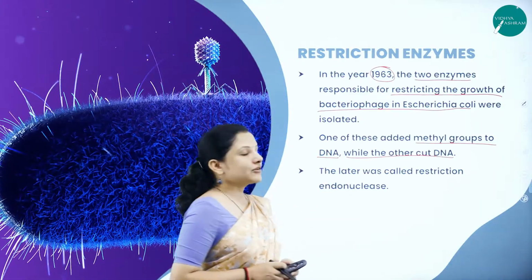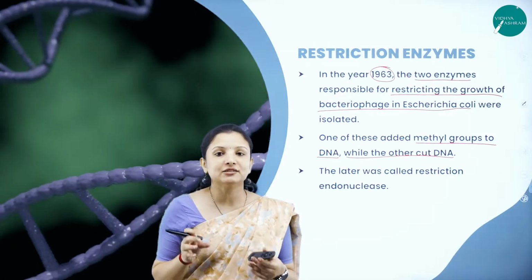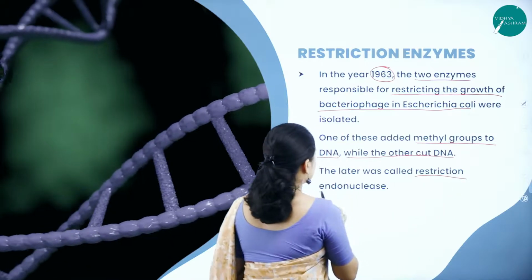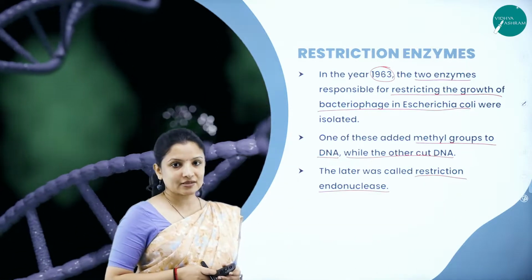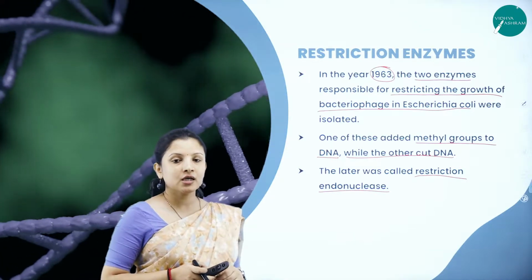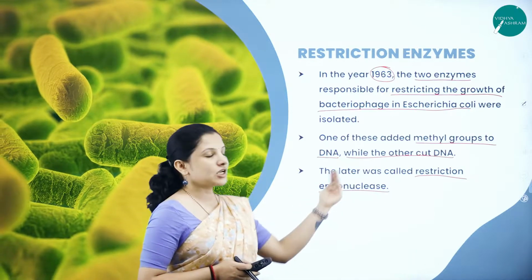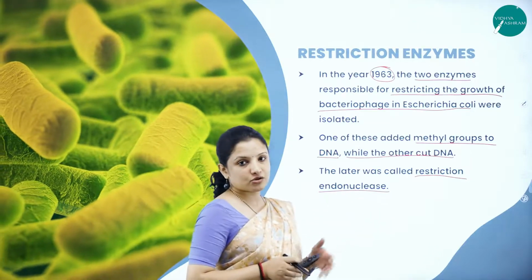And later that restriction enzyme, which was capable of cutting the DNA strands into smaller bits, was called restriction endonuclease enzyme. So it is restriction endonuclease. This is one important enzyme that you need to remember.